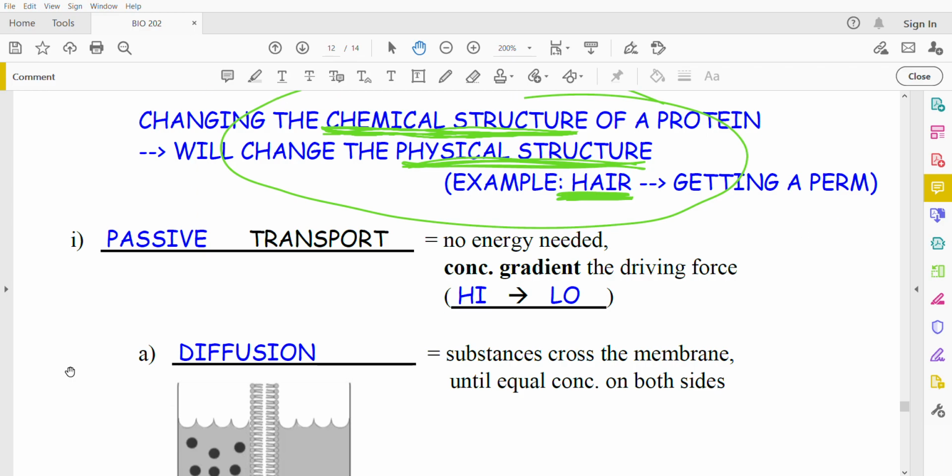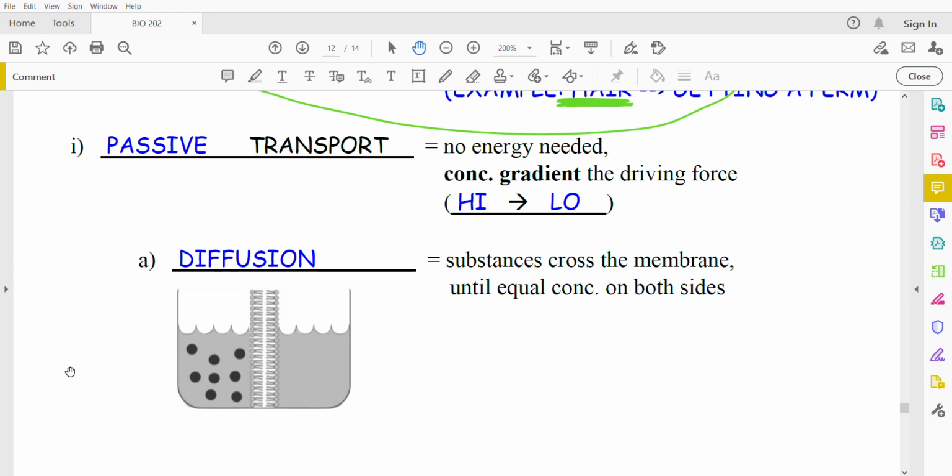Then we had a look at different kinds of transport processes through the membranes. And the first ones that we're going to cover are going to be examples of passive transport. So when we have passive transport, what happens is that there is no energy invested in that. So passive transport just happens. We don't have to spend energy resources to make that happen.